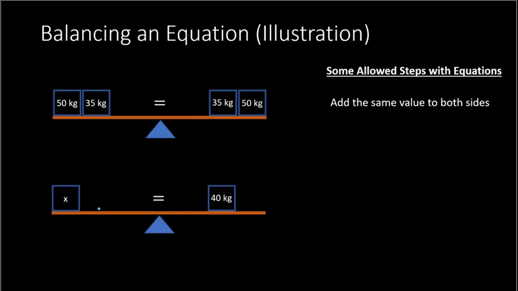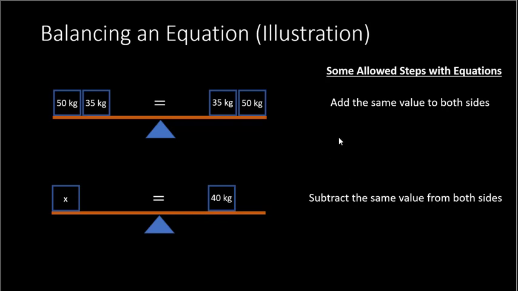Now this would be balanced because we took off the same amount from each side. And here we see that this unknown weight would have to be 40 kilograms. So as we've illustrated, we can subtract the same value from both sides as well. In this case, we subtracted the number 20 from both sides.